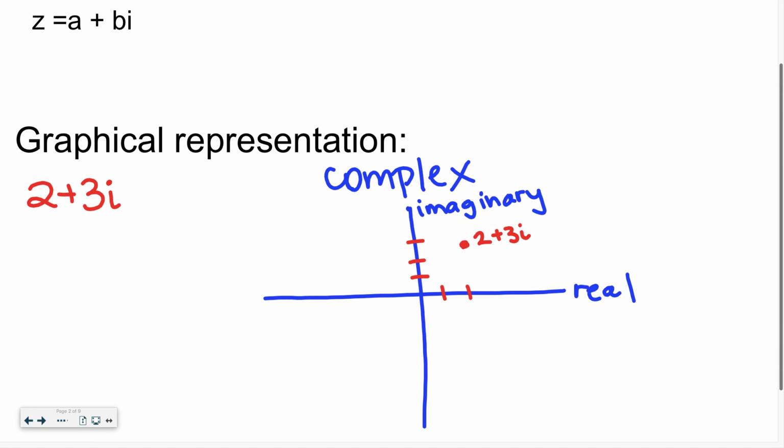If I were to graph the number 5 minus i, I would go 5 in the positive direction on the real axis, but then I would go down 1 on the imaginary axis.